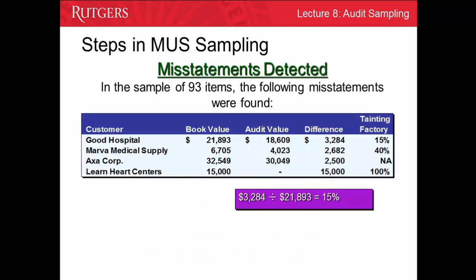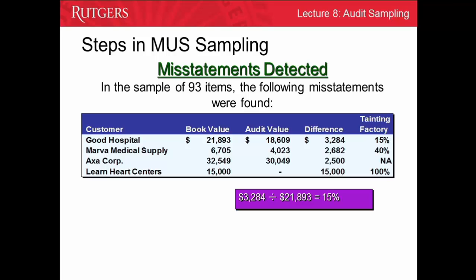Then let's talk about misstatements detected. Assume that the auditor sent confirmations to the 93 sample customers selected from the client's accounts receivable account, and that all but 4 customers returned the confirmations, indicating the client's records are correct.